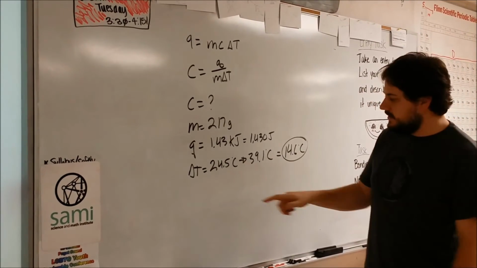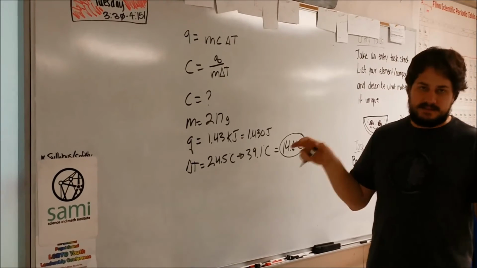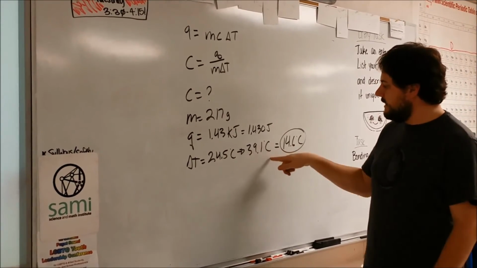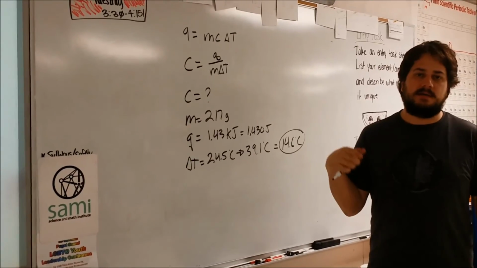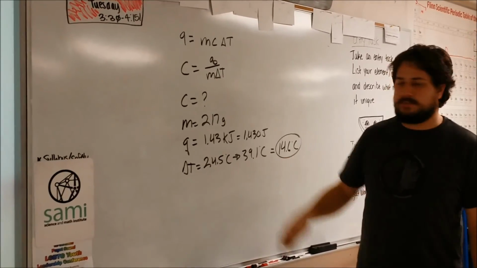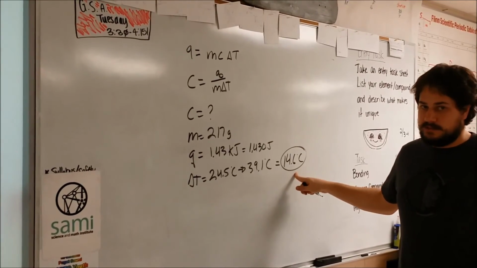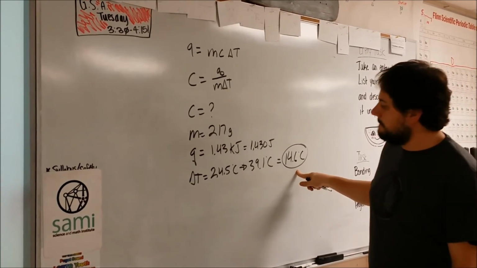You'll note that I did this in Celsius because, again, the scale is the same. You can convert to Kelvin, and if you do that, you will end up with the same difference. Since it's a change in temperature, I'm going to continue in degrees C. Also, my answer is in degrees C, so it's good to have it that way.